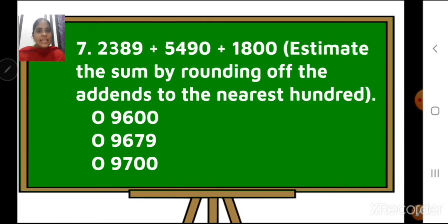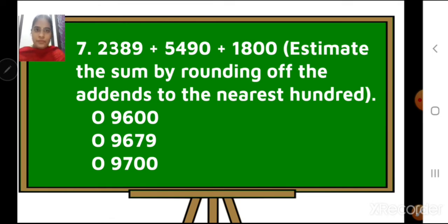Okay, now the next question number 7 is 2389 plus 5490 plus 1800. Okay, estimate the sum by rounding off the addends to the nearest 100. So this is from your rounding off to nearest 100.